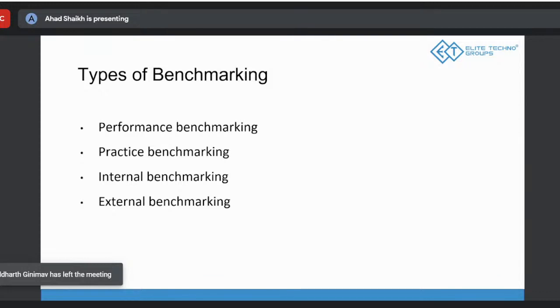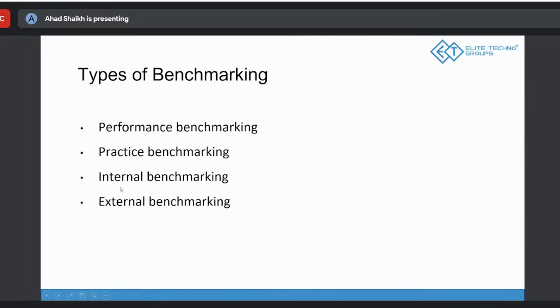So let's say you went for the Baha competition, and there you saw the rankers who won the competition, they have built such an amazing performance vehicle. So you can see what is the difference in their performance and your performance. And along with that, there is practice benchmarking. Practice is something like strategy benchmarking, what strategy they have been following and what strategy you have been following.